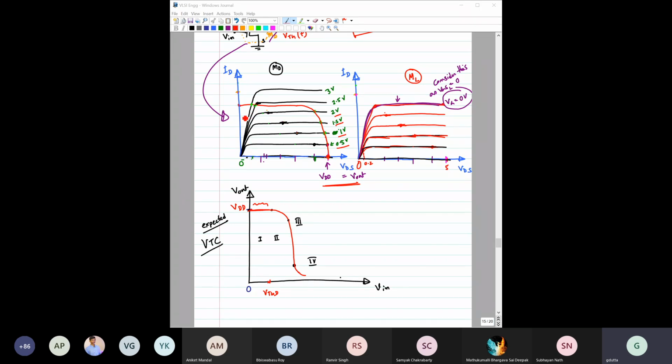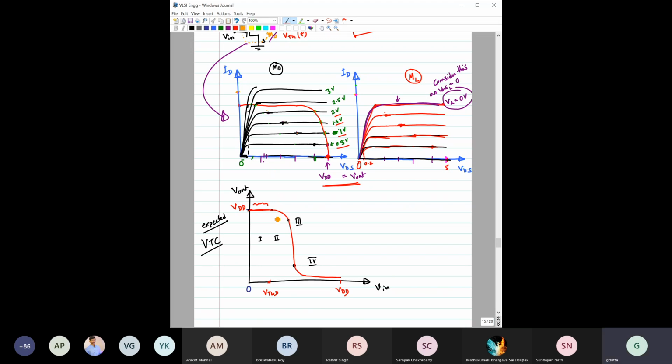If you consider one more line for another higher VG, still your output voltage is this much only, right? It is not going to 0. So the minimum output voltage again cannot be equal to 0. I hope this part is clear to you.